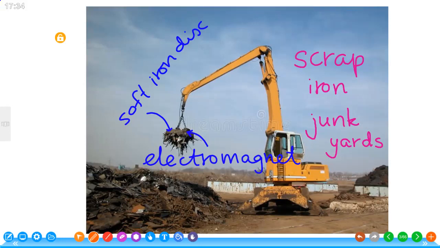Then when we want to unload it, the only thing is that the supply of current should be disconnected. Then the magnetism is lost and the pieces of iron fall to the relevant place. Therefore, this is one situation where an electromagnet is used.